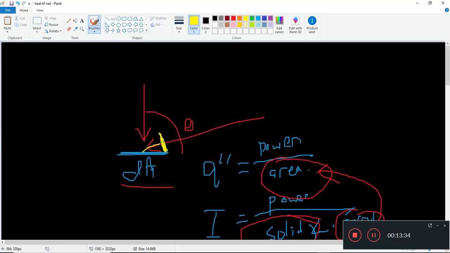So I need to put a 90 degrees here, and this is dA. This is the normal area. So normal area equals dA cosine theta, right?